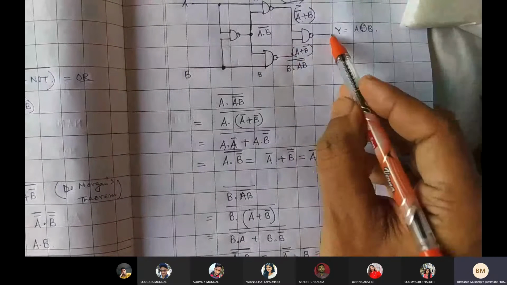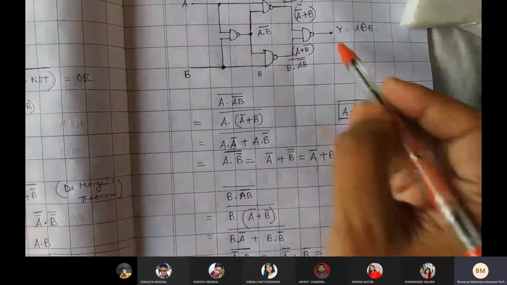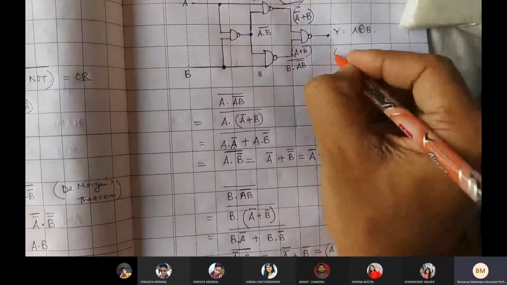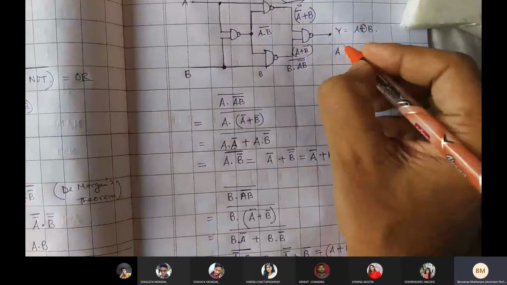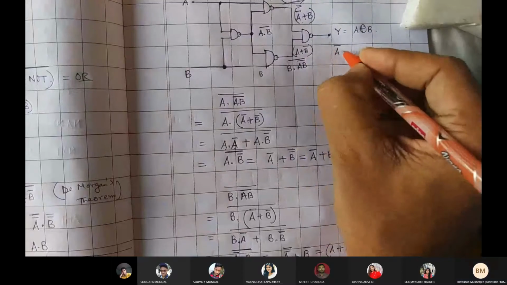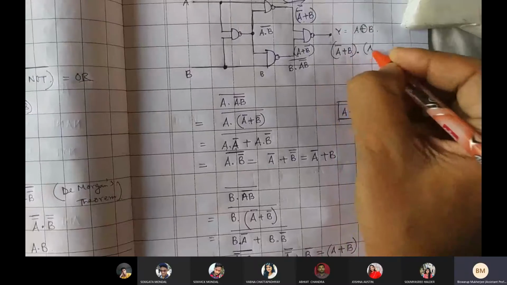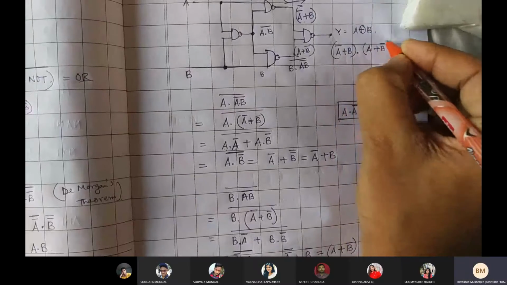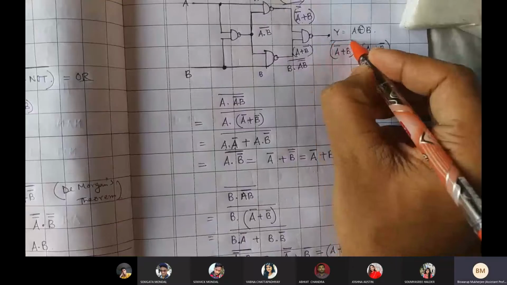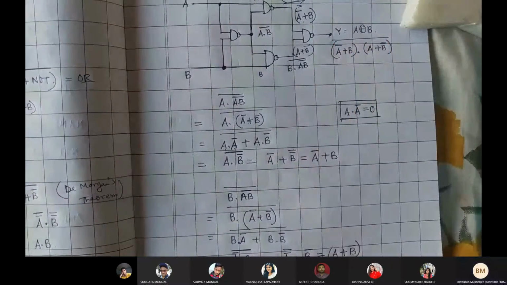So what about at this particular position? At this particular position, we'll be getting this dot this: (A bar plus B) dot (A plus B bar) whole complement.